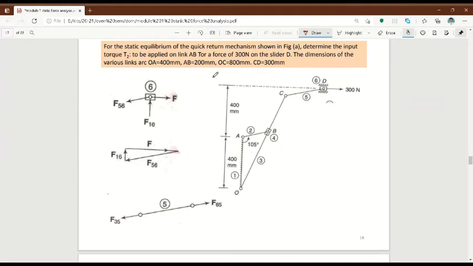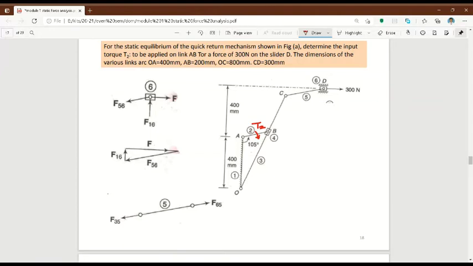For a static equilibrium of the quick return mechanism shown in figure A, determine the input torque T2. What is the second link? This is the second link. So we have to find out this input torque T2.